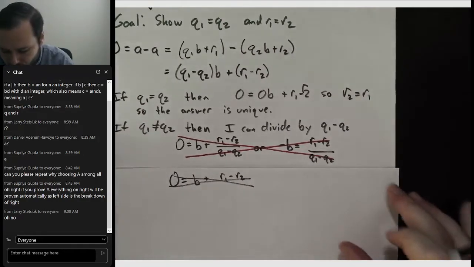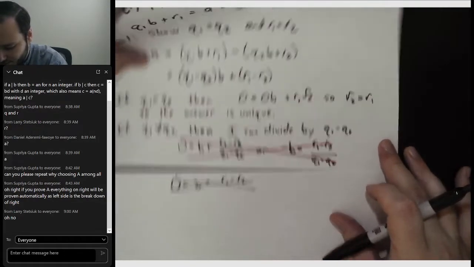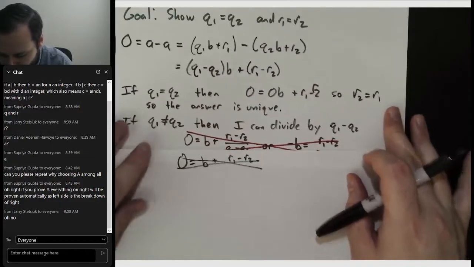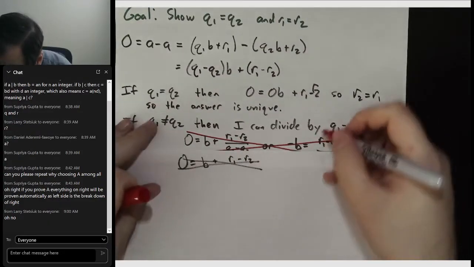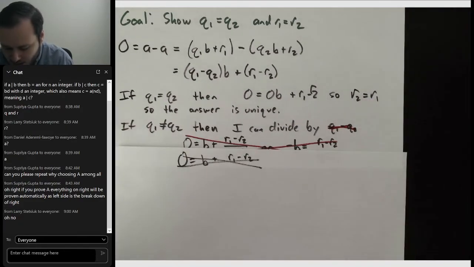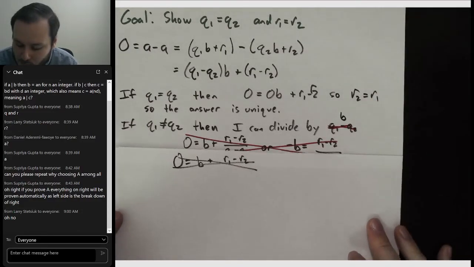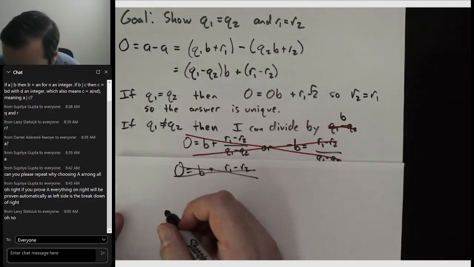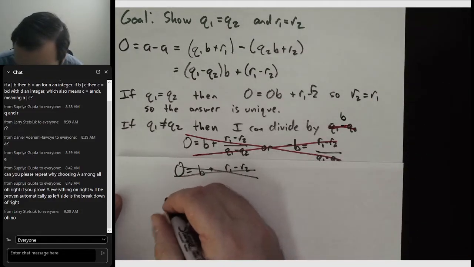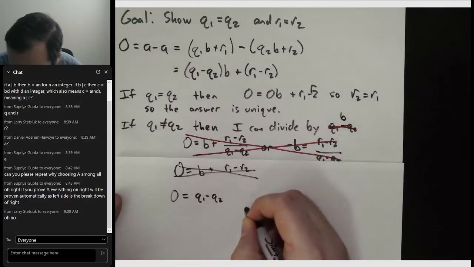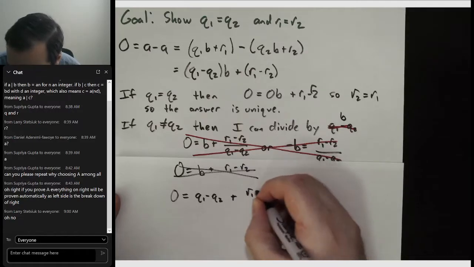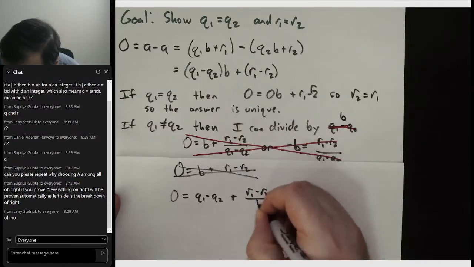That's why I'm getting confused. Q1 not equal to Q2, then I can divide by B, and this will work out better. I get 0 is equal to Q1 minus Q2 plus R1 minus R2 divided by B.